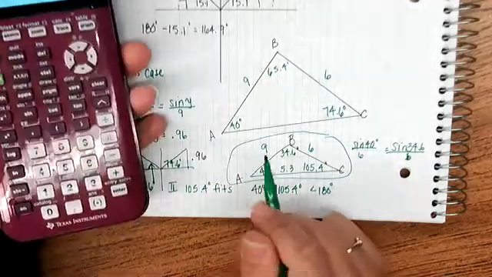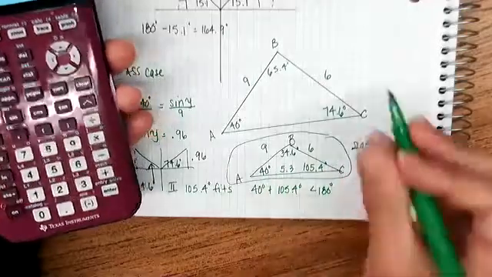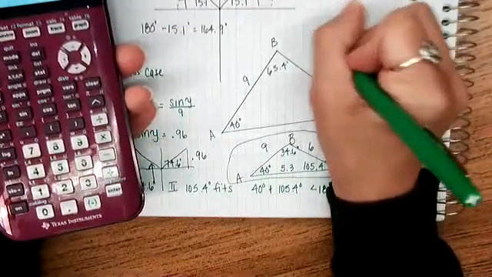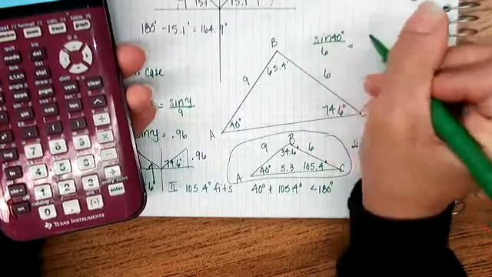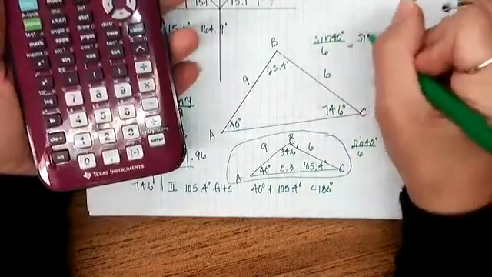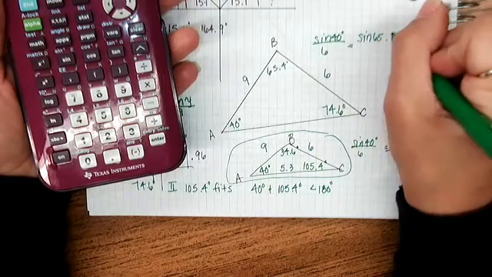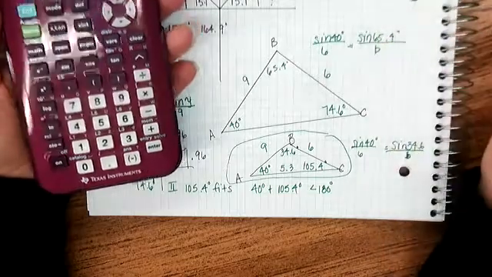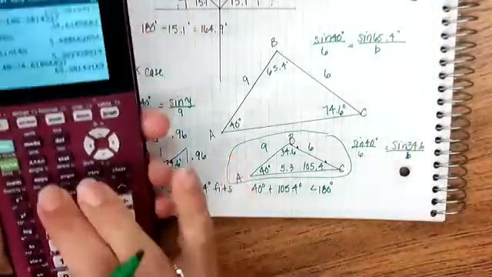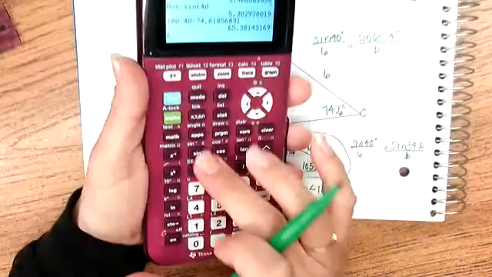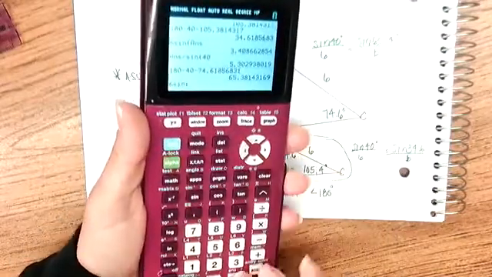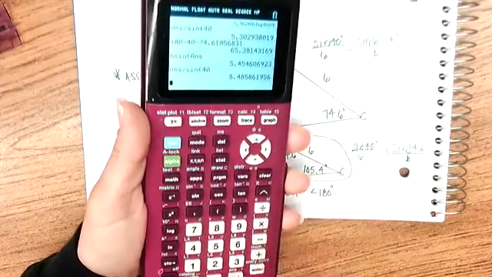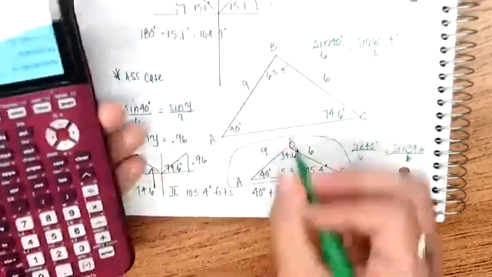Half points add up to a lot of points. The sine of 40 over 6 is equal to the sine of 65.4 over b. 6 times the sine of that answer I just got divided by the sine of 40, 8.5.